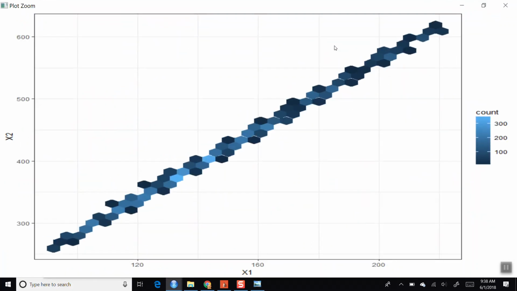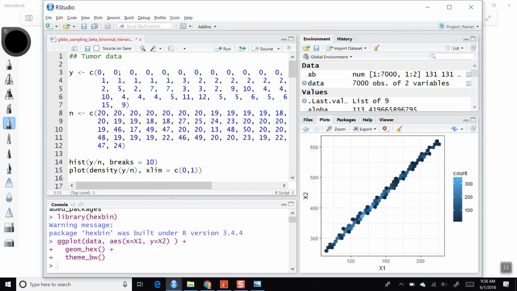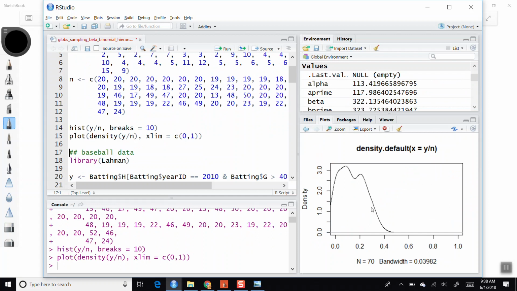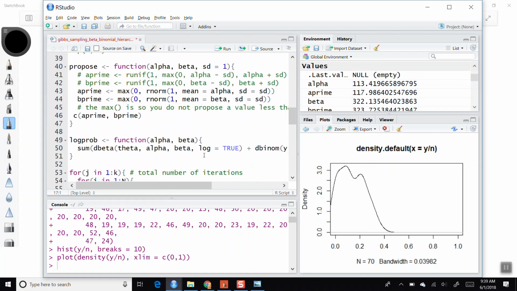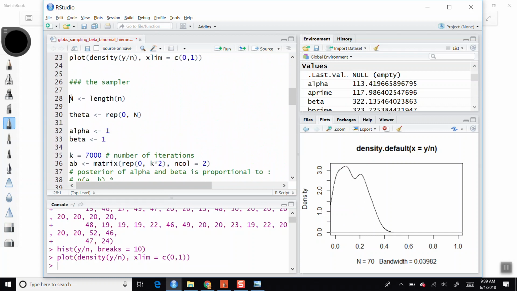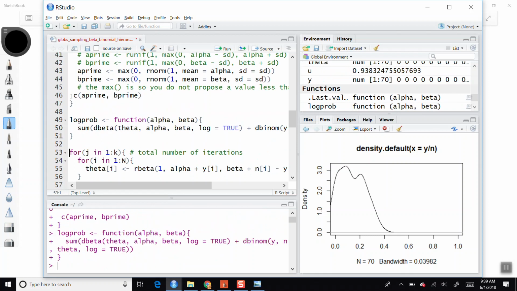So anyway, what we see is that the only values of alpha and beta that make sense are ones that are highly correlated, which is fine. If we did it for the tumor data, which had a much wider distribution of values, unlike the baseball data, I'm going to use the same thing.